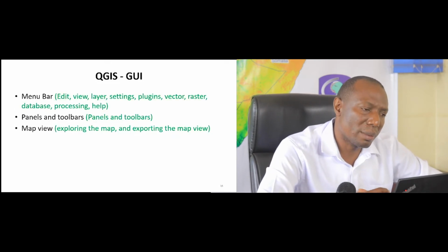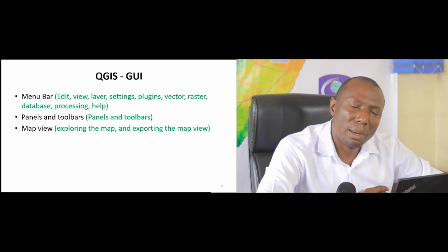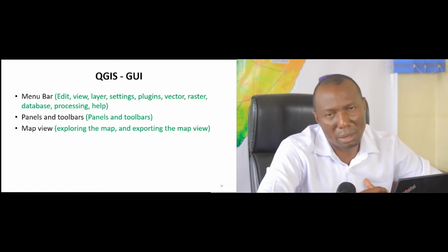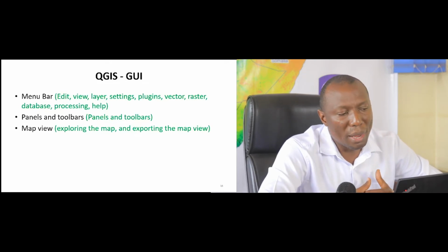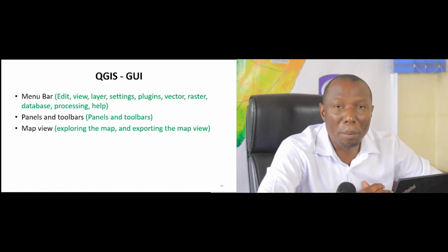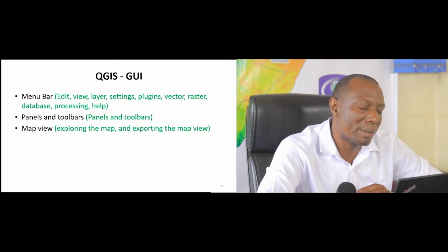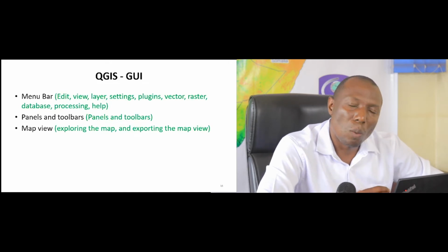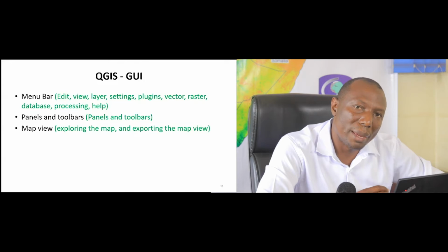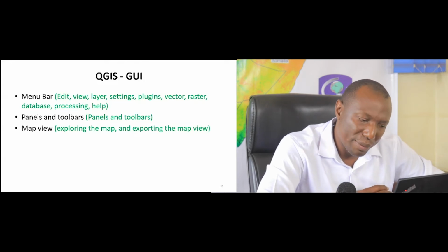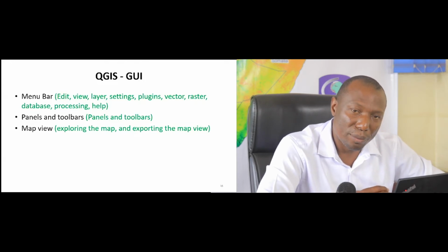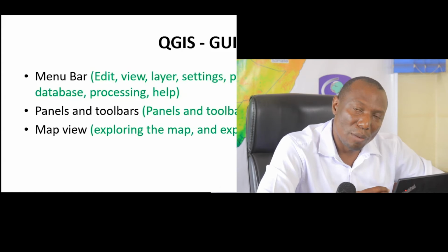So QGIS, like I said, is a simple software, and with all these GIS software, if you learn one, then you know the rest, because they're almost the same. They normally have a menu bar which is common, with edit, view, layer, settings. What QGIS has is a plugin. Plugins give us an extension of added functionality.